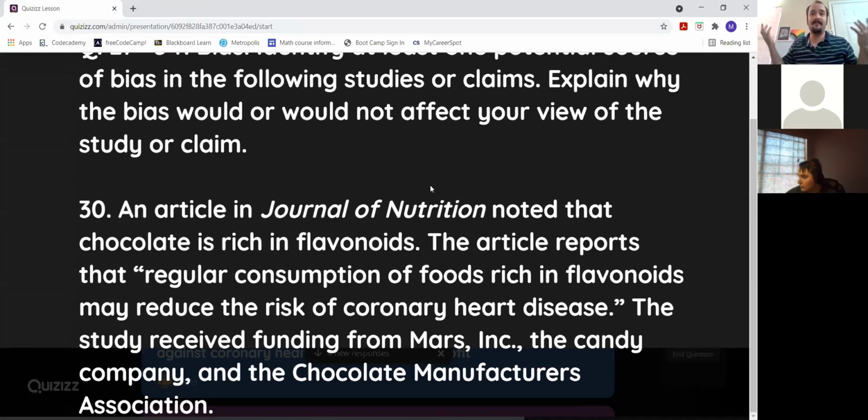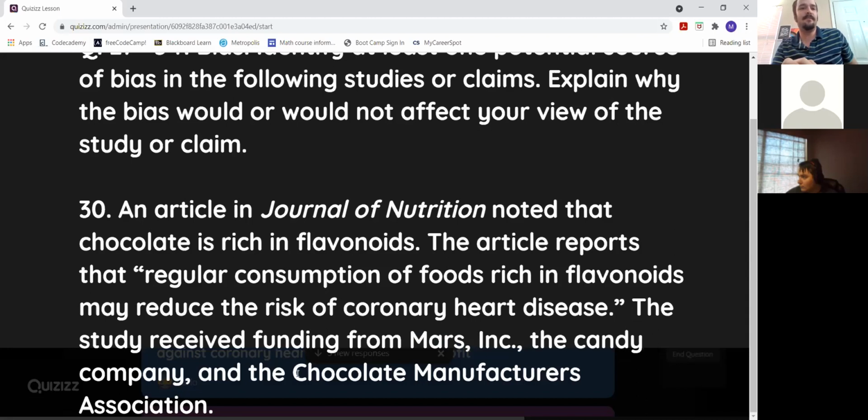So there are con men out there. Beware, right? Make sure you Google the magazine that they're talking about. Make sure it's actually a legitimate source and not just some shill for a con man, basically. And I think this one's pretty obvious, right?